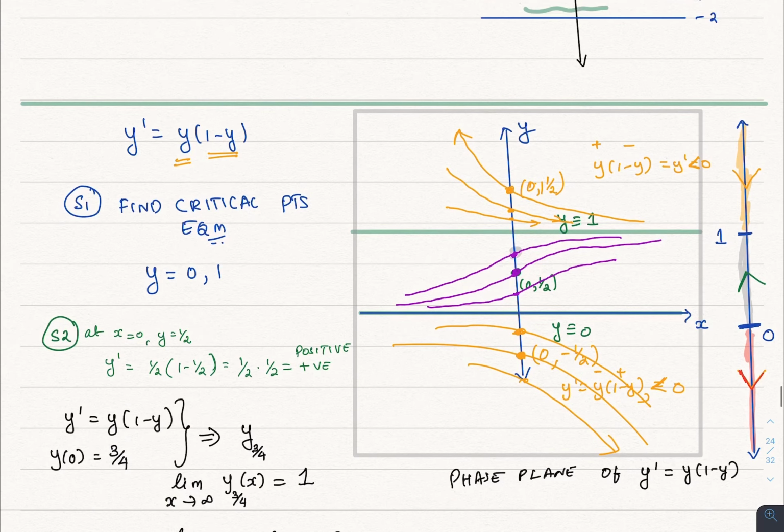So if you have an equilibrium, let's take a look at the one that we have. Here's my 0. Let me copy paste to make my life easy.